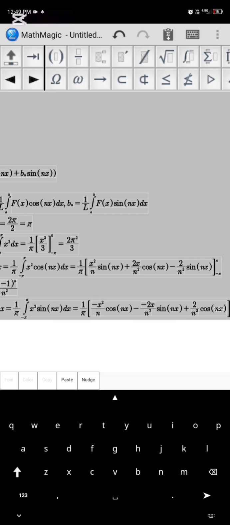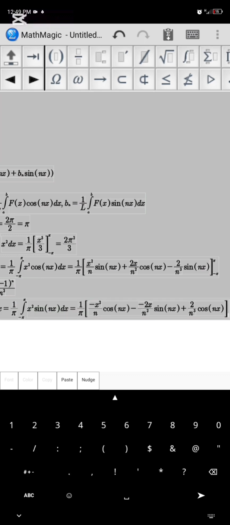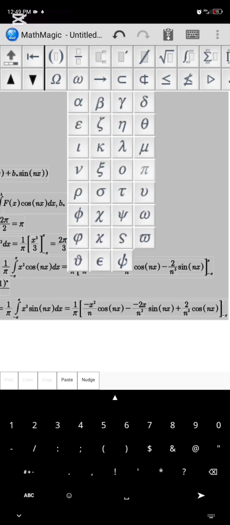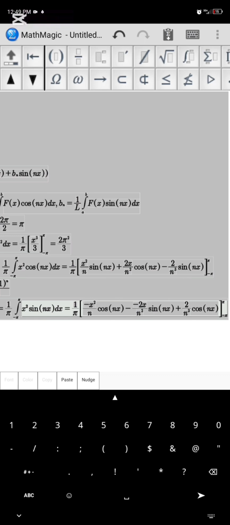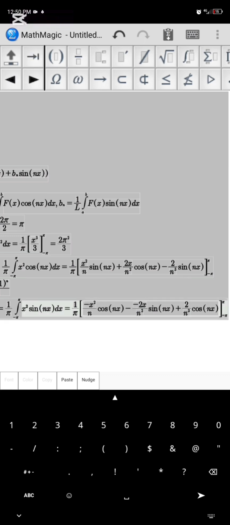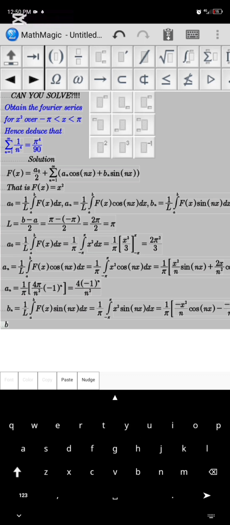So if we apply our limit, the limit is running from minus pi to pi. All right, if we compute the limit, what we are going to get is 0. Okay, so bn will be equal to 0.